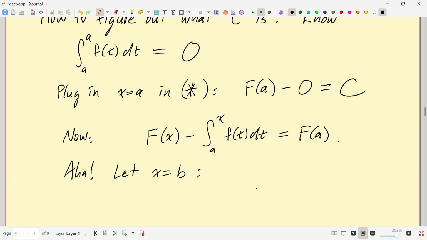Then I get exactly what I want. I get F of b minus the integral from a to b of f of t dt equals F of a. And after I move things to the other side, I get the fundamental theorem of calculus part 2. That's neat. And I think it's the simplest way to demonstrate these things. Questions about that?